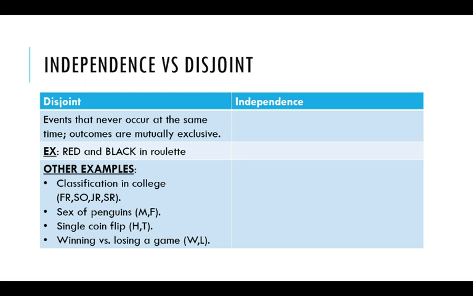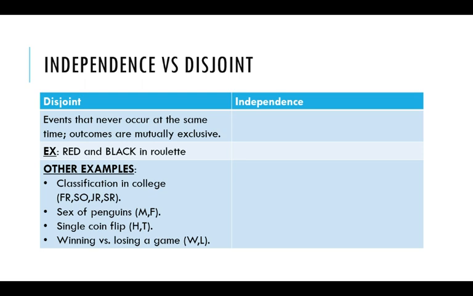So classification in college, each student is either a freshman or a sophomore or a junior or a senior. There is no overlap. Nobody is in two categories. If we were talking about the sex of penguins, they are either male or female. If we're looking at a single coin flip, it's either heads or tails.